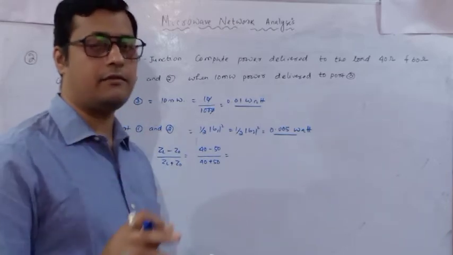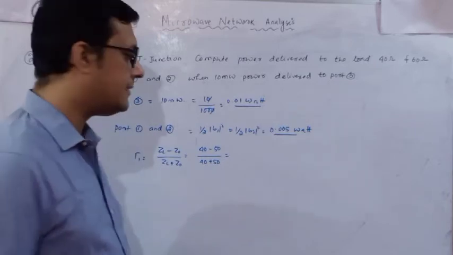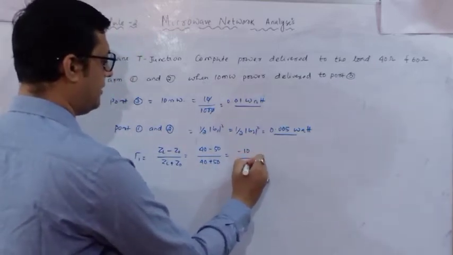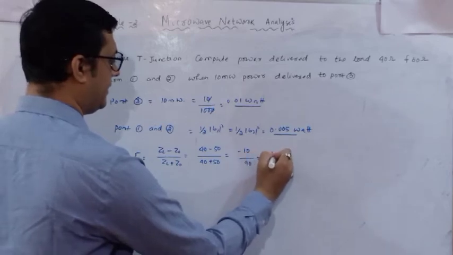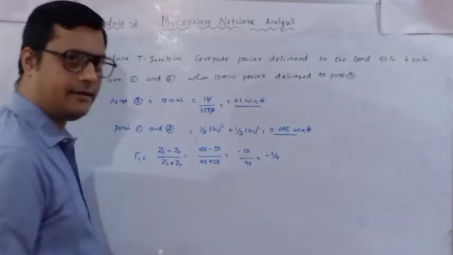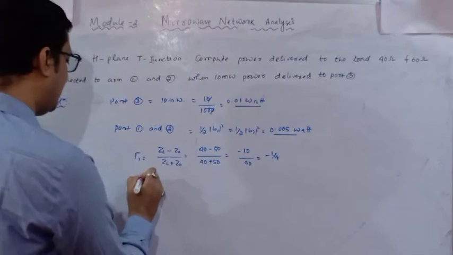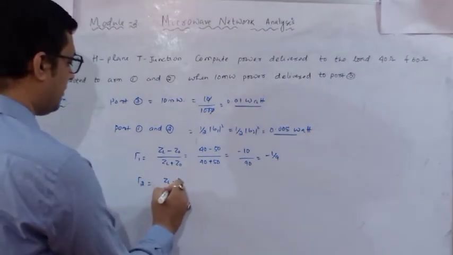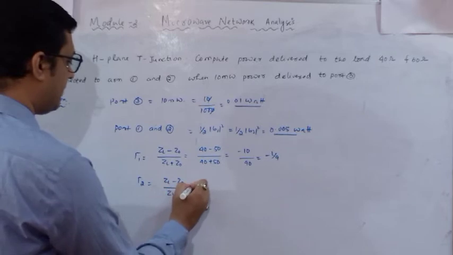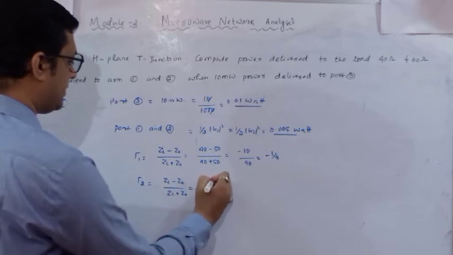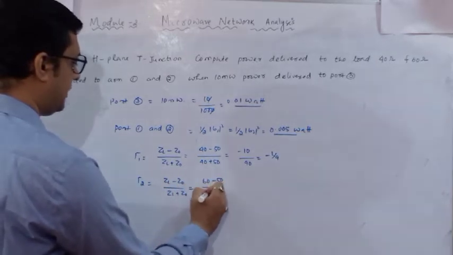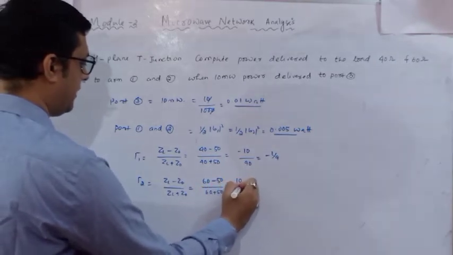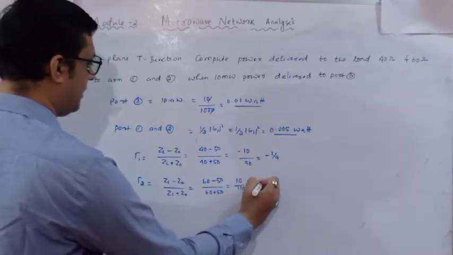But if it is not given, consider 50 ohm. So it is minus 10 divided by 90, so minus 1 by 9. Similarly, the reflection coefficient at port 2 is (ZL minus Z0) over (ZL plus Z0), so ZL is 60, minus 50, over 60 plus 50, so it is 10 divided by 110, so it is 1 by 11.